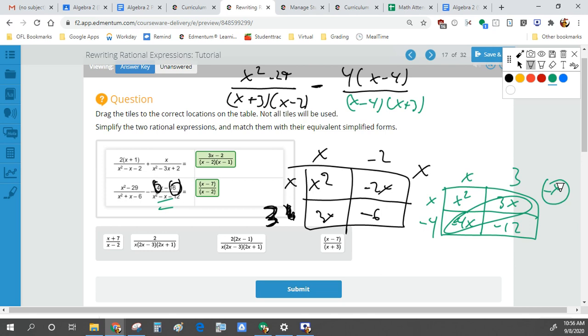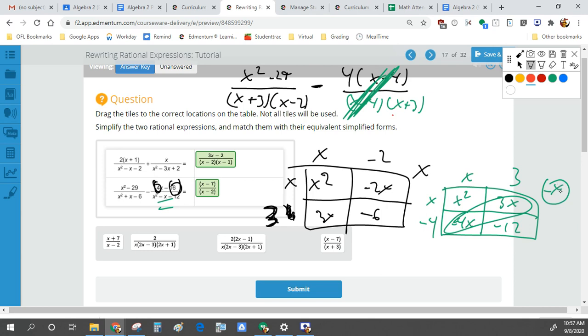So from here, what we're going to do is I can cancel these two out. And what happens now is this turns into, I want to make these have the lowest common multiple.